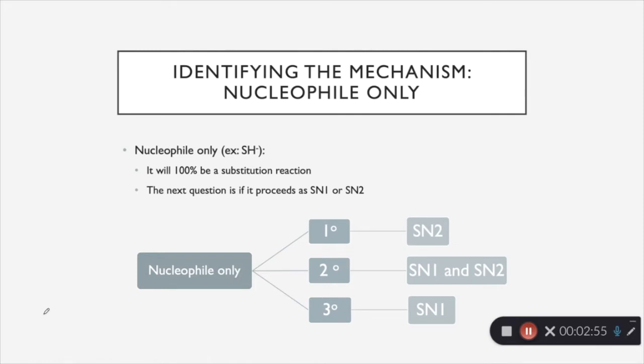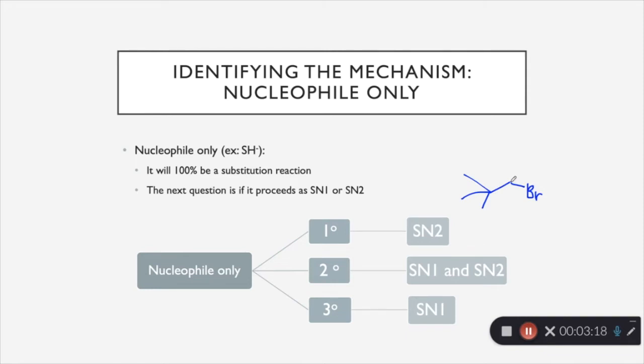And so that is when we look at the substrate. So if we have a primary substrate, it will always be SN2 because this is kinetically favored. Example, if we have a molecule that looks like this, and we have our leaving group right here, this would be primary, and you know that it would be an SN2 reaction.